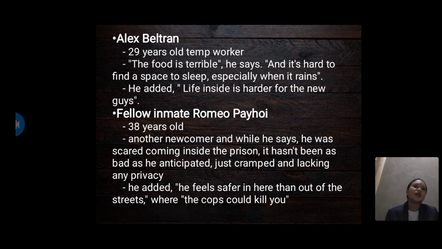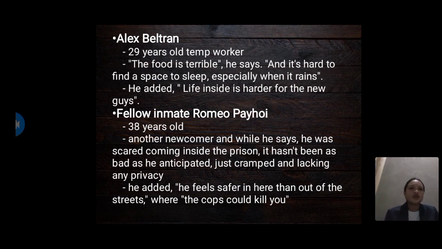He also added that life inside is harder for the new guys. As we analyze what he said, it's very hard, and I cannot help myself imagining being in that kind of position or scenario.